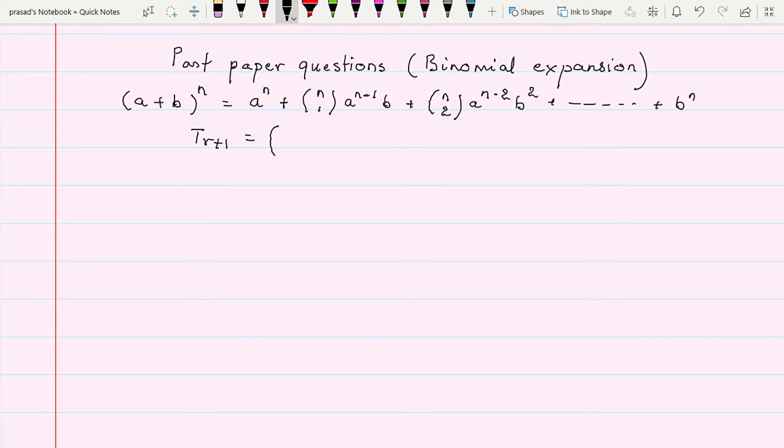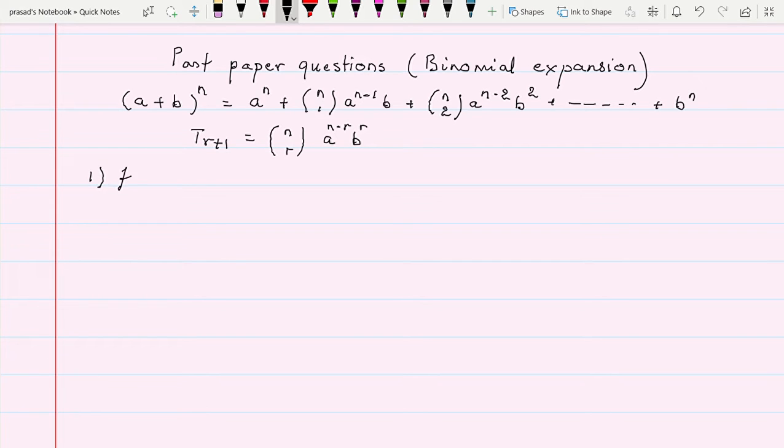So r plus 1 term in any binomial expansion will be given by, here b's power will be r and nCr, and the remaining power n minus r will be a's power, a to power n minus r. So these two things you keep them in mind. Now we'll see the first question here.